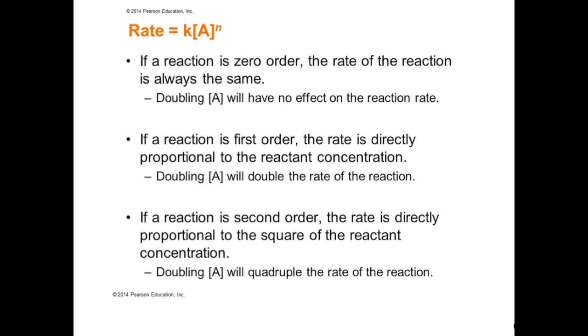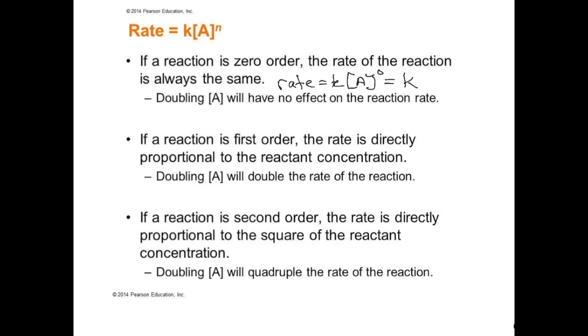So let's examine order first, okay? Let's think about what it means, and I'm going to write these down. So let's say we had a zero order reaction. In other words, what if the rate was equal to k times A to the 0th power? Or we can just simply write it as rate is equal to the rate constant, k.